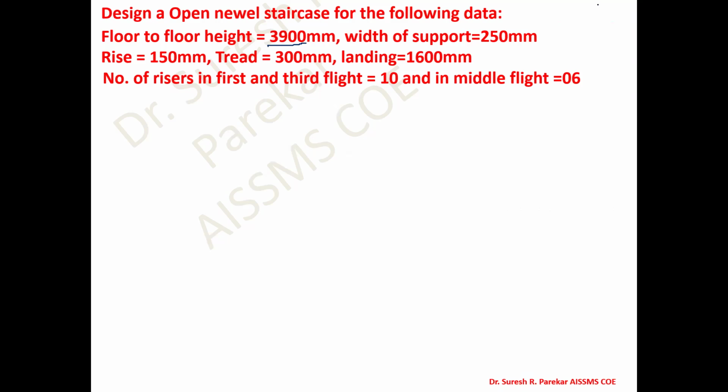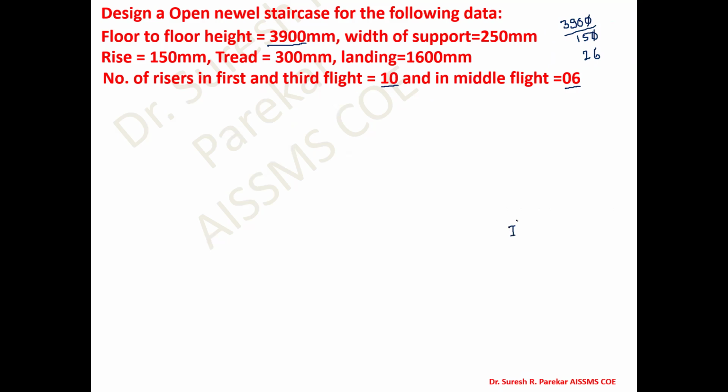So if you divide 3900 by 150, you get 26. So 26 rises, means risers, we require. That is provided as 10 and 10 in the first and third flight, and the remaining 6 we have in the middle flight.